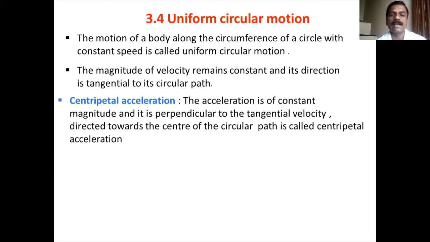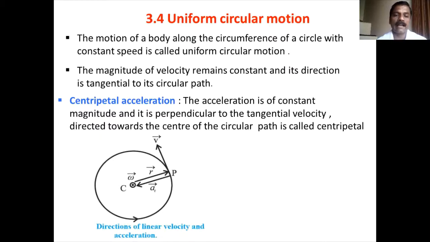The centripetal acceleration is directed towards the center of the circular path. So it is called the centripetal acceleration. In short, we can say in a circular motion, the acceleration along the radius towards the center of the circle is called the centripetal acceleration.